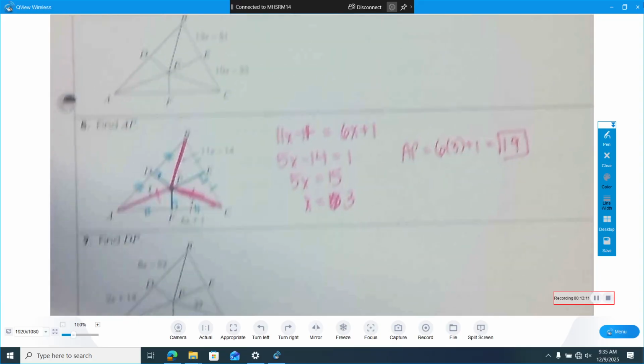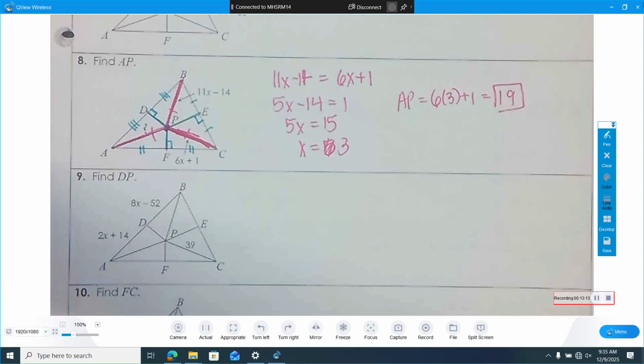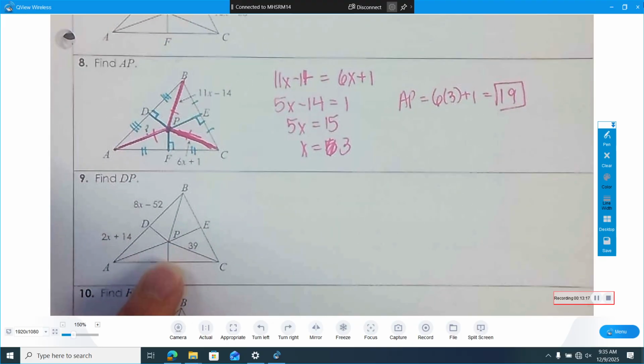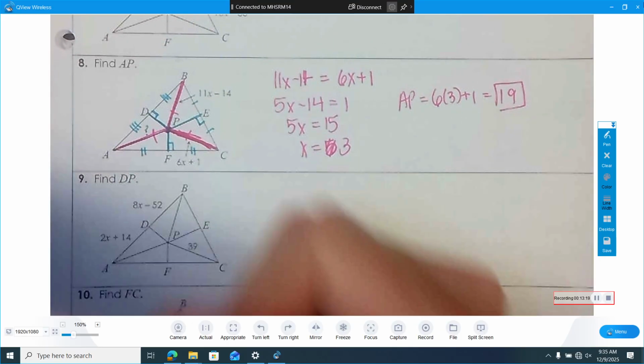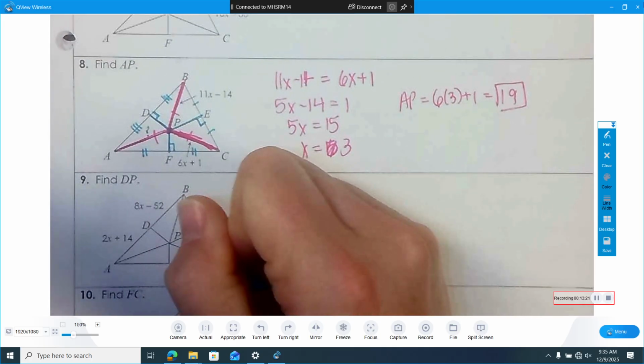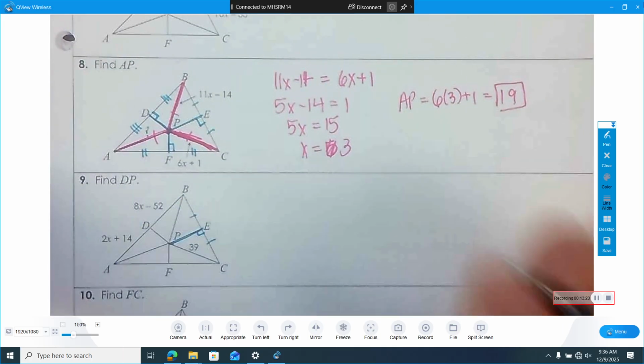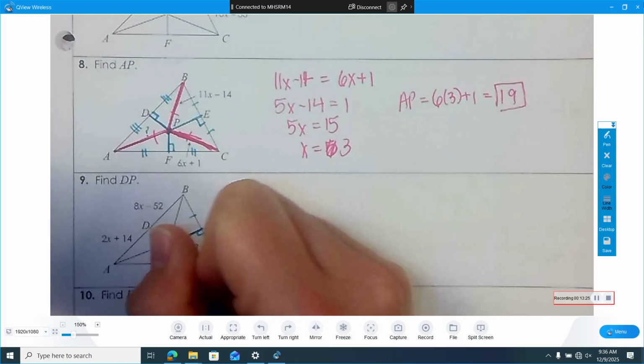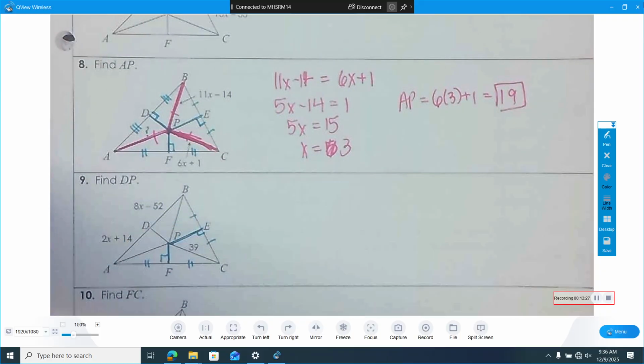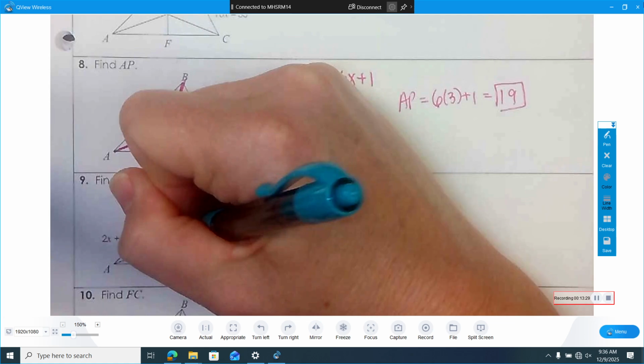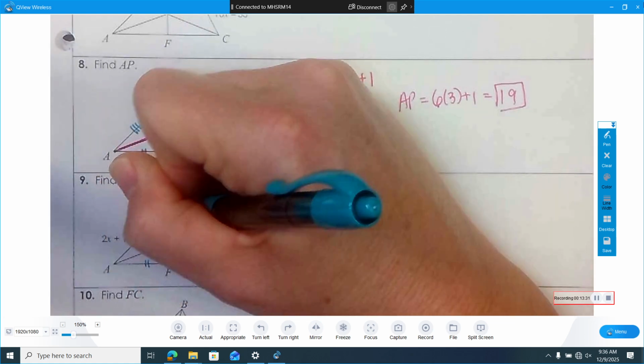No. All right. Let's look at number 9. Again, we have P as the circumcenter. And so again, I'm going to start with that it's formed by perpendicular bisectors. So PE, perpendicular bisector. PF, perpendicular bisector. DP, perpendicular bisector.